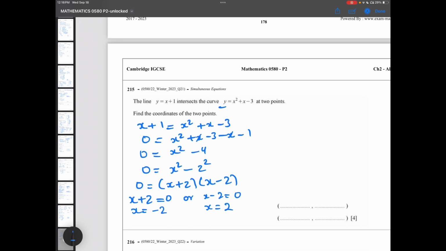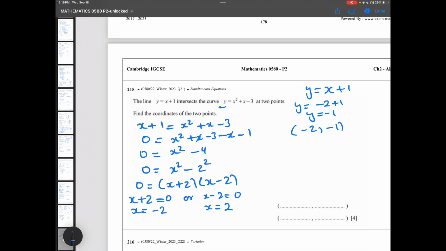Now I will place these two values of x in my equation for the line, so I get two values of y. First I will place minus 2 over here. y is equal to minus 2 plus 1. So y is equal to minus 1. I get the first coordinate, x is minus 2, y is minus 1.